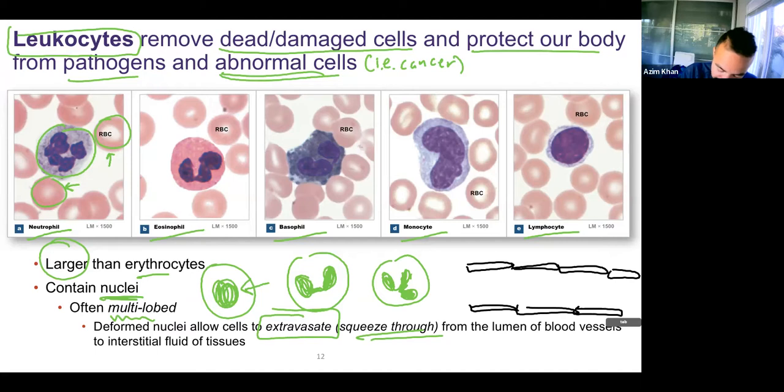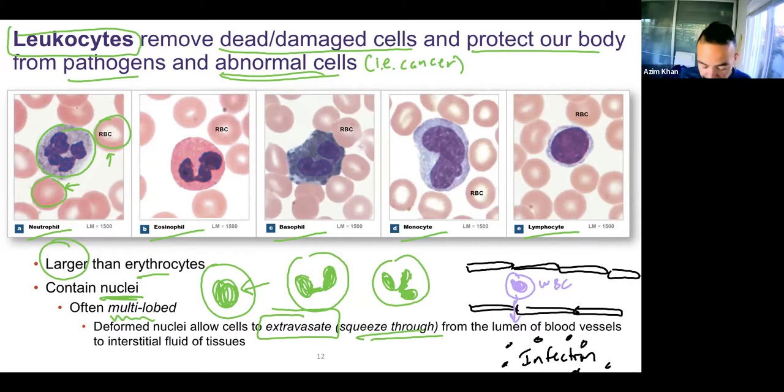Let's say there's an infection over here with bacteria in the interstitial fluid of a tissue. You have your white blood cell over here, your leukocyte, and it needs to squeeze through in between those cells of the blood vessels. That's what extravasation is. And having a multi-lobe nucleus allows it to squeeze through better.